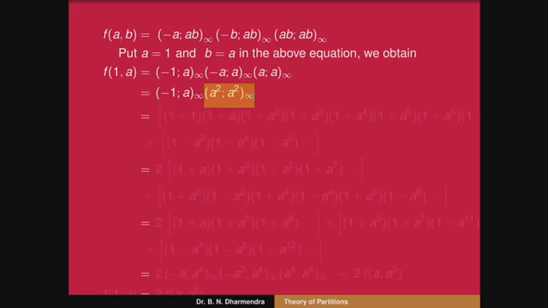We should also expand these results, the first one and the second one, in terms of q-shifted factorials.